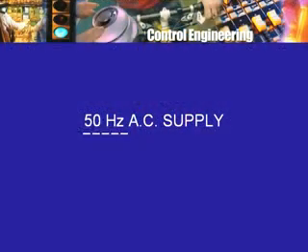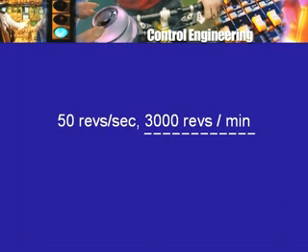Remember that the power supply that we normally get in our house or in an industrial establishment is an alternating current power supply, and in India our frequency is 50 hertz or 50 cycles per second. You can think of that roughly as 50 revolutions per second of some generator somewhere, and therefore that will correspond to 3000 revolutions per minute.